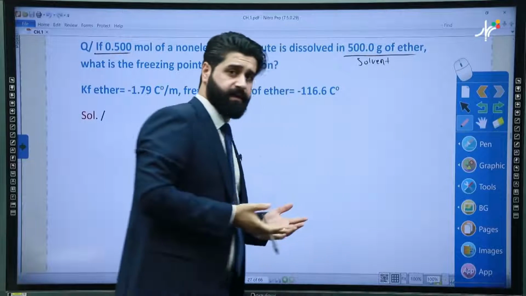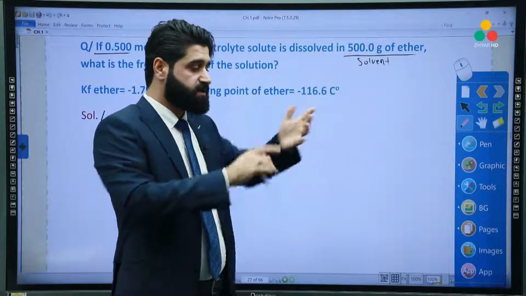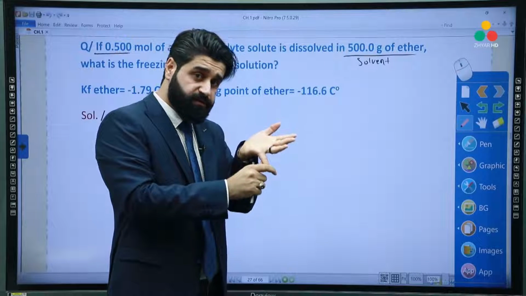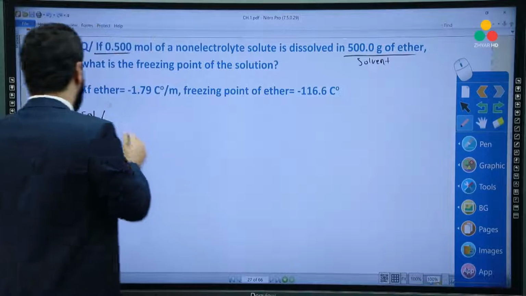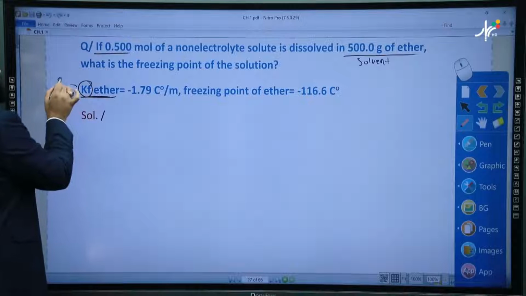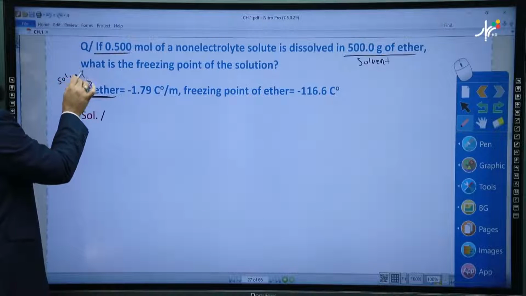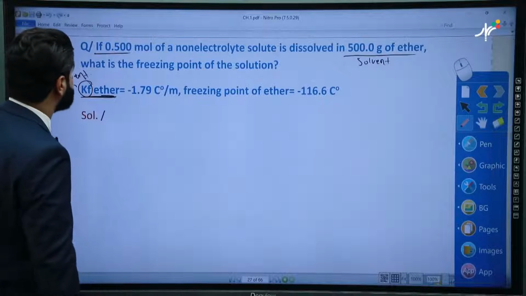But don't worry, it's super easy. I told you, if the solvent is not water, the freezing point of solvent and Kf must be given by the question. Kf is always for the solvent. Because Kf is for ether, we can say ether is the solvent.